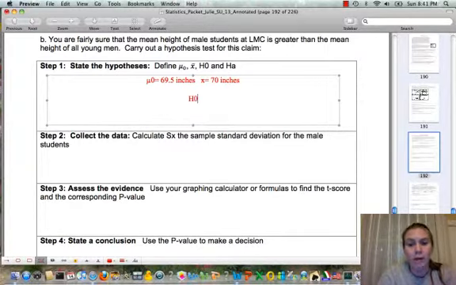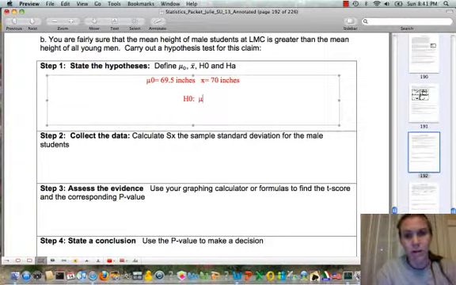Our null hypothesis is going to be that the mean equals 69.5. And for our alternative hypothesis, we're saying that LMC students are taller, so that's going to be that the mean is greater than 69.5 inches.